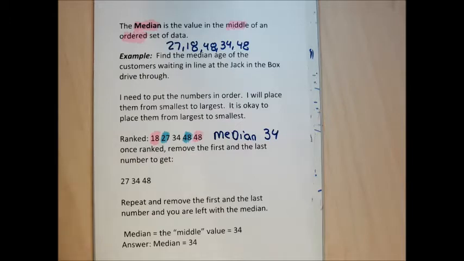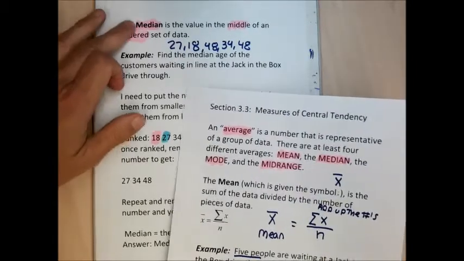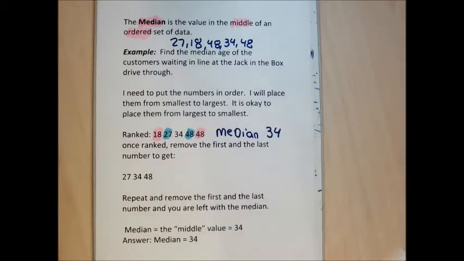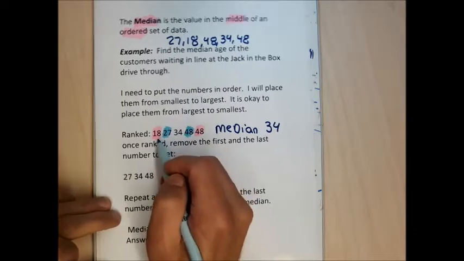Usually when I say the word average, I think arithmetic average, I think the mean, but it wouldn't be wrong to say that the average age of people waiting in the line was 34. So if you were a politician and you're trying to grab for a number that kind of fits what you want it to fit, you might choose one of the values over another.